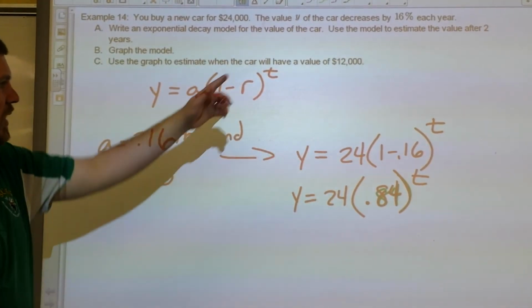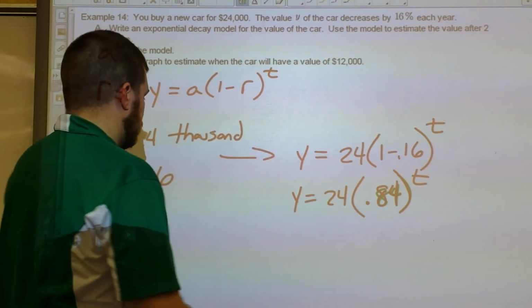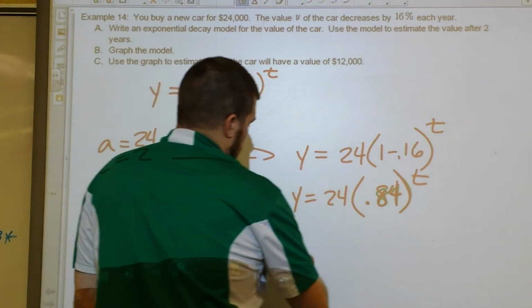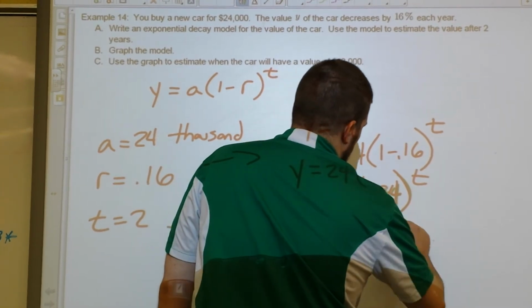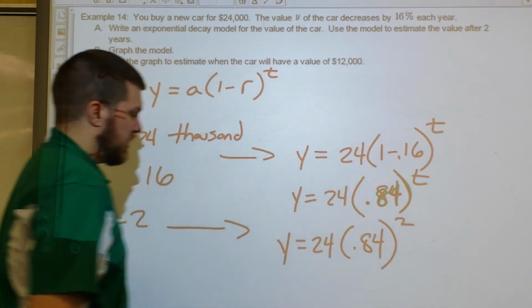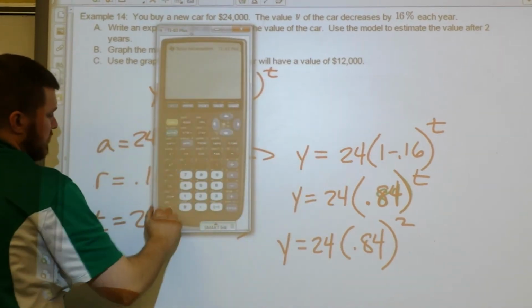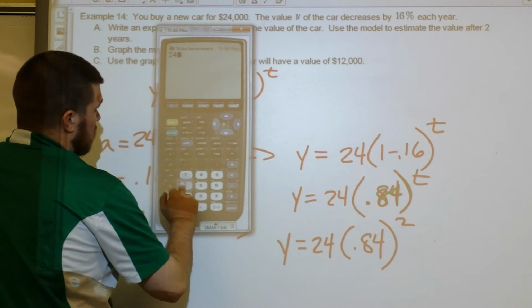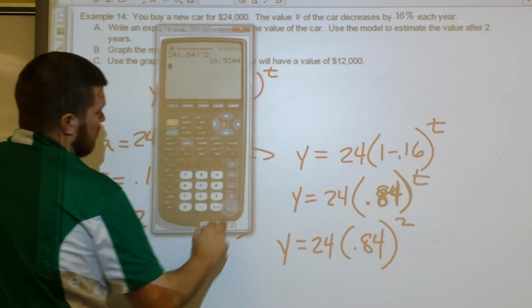Now we're going to use that model to estimate the value after 2 years. So here t is 2. Using that, we now have y equals 24 times 0.84 to the 2 power. I'm going to use my calculator to help me out. We have the technology, so why not use it? So 24 parentheses 0.84 raised to the 2 power.